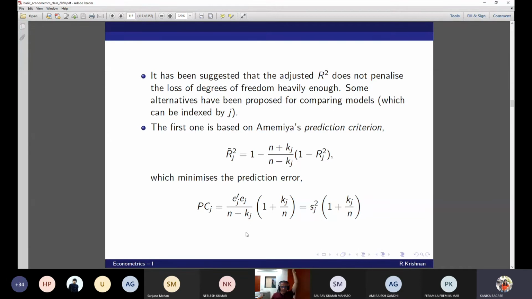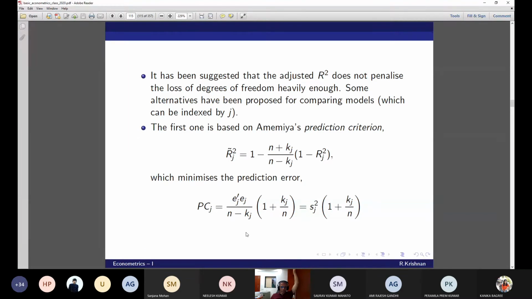Suppose I have R square from a model of y on 5 independent variables. Now I'm adding a 6th independent variable. That will be another model; you can index the first one by 1 and the second one by 2. Now I'm going to calculate the R bar square of the second model.